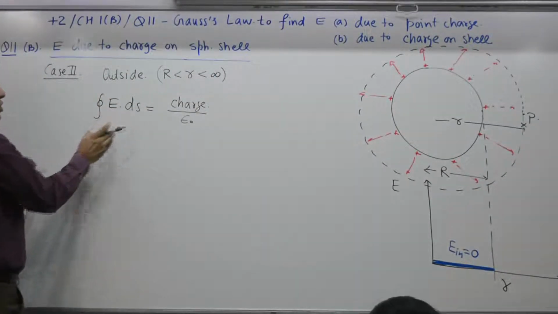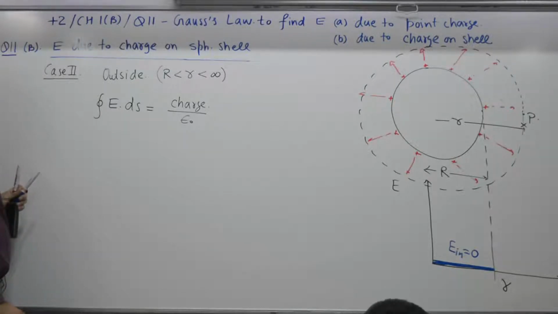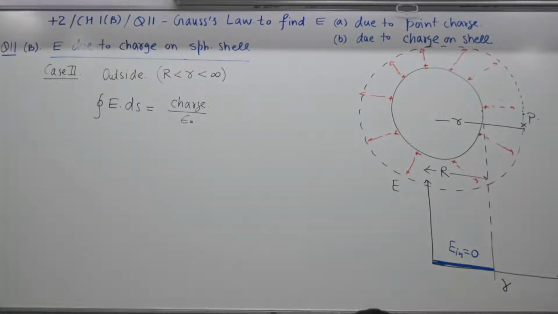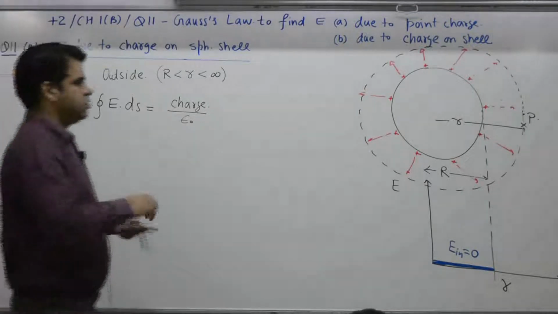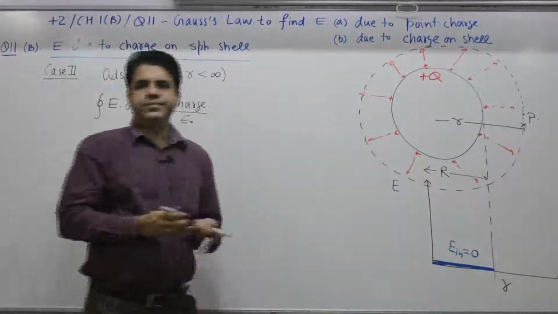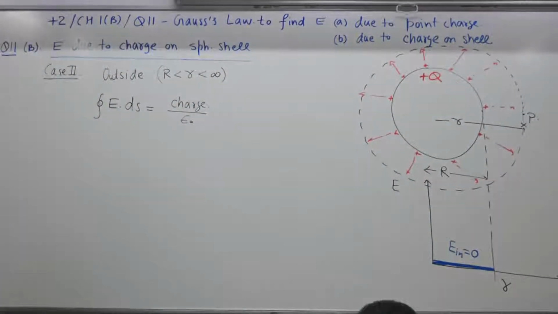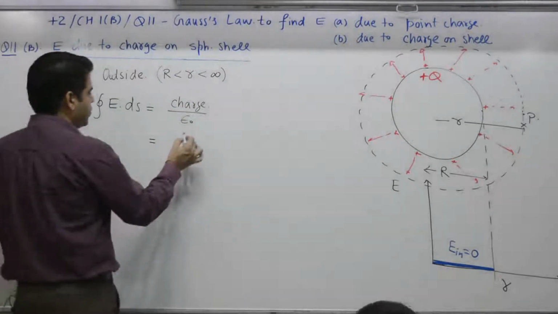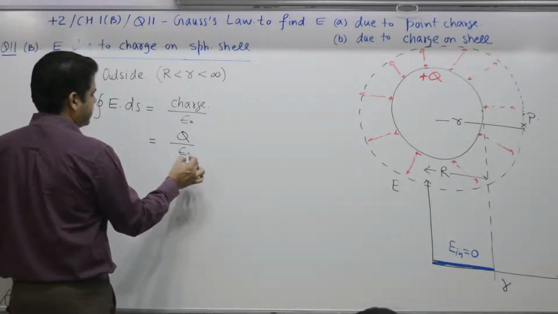First step in Gauss's law: the closed surface integral of E dot dS is equal to charge enclosed by epsilon naught. One minute with you to try. What is the charge enclosed now? The total charge on the surface is capital Q. So the charge enclosed is Q, and it is Q by epsilon naught.